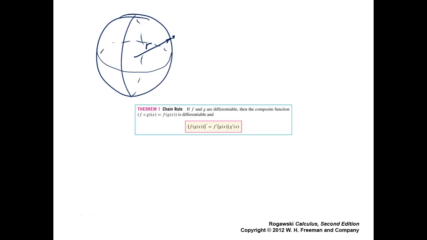And it's changing at a rate of 3 centimeters per second. So basically what that represents is dr dt. That's equal to 3 centimeters per second. Use your units to help you see what the derivative is. Okay? The rate at which the radius is increasing is that.